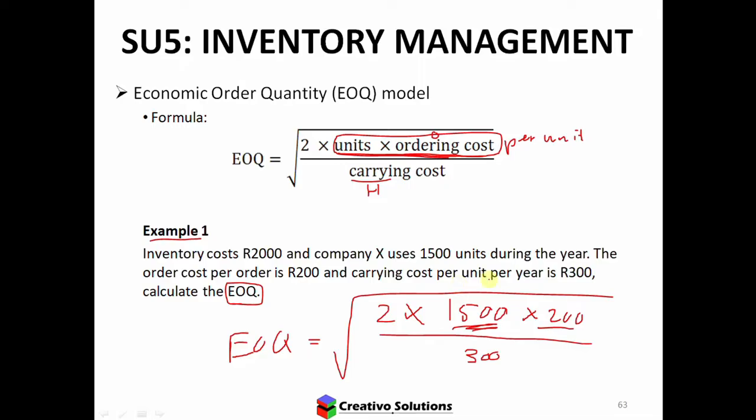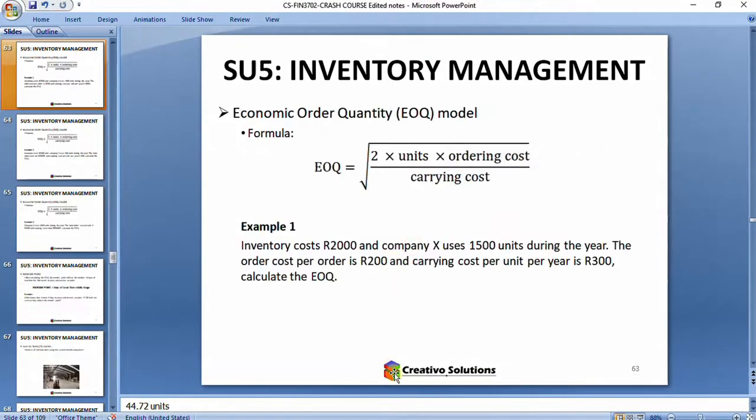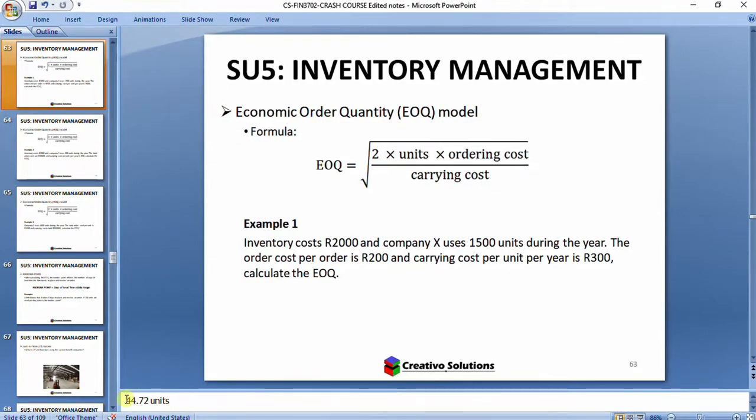Let's see how good you are with your calculator. Can you use the square root function? Is it possible to square root 2 times 1,500 times 200 over 300? Quickly do the working. What do you get? No, you should be getting 44.72.